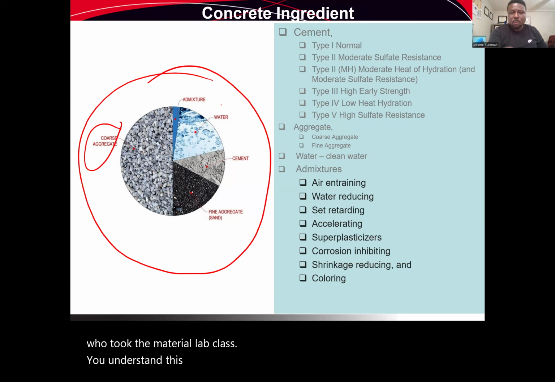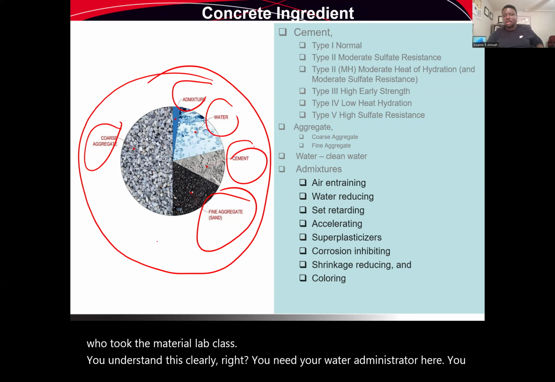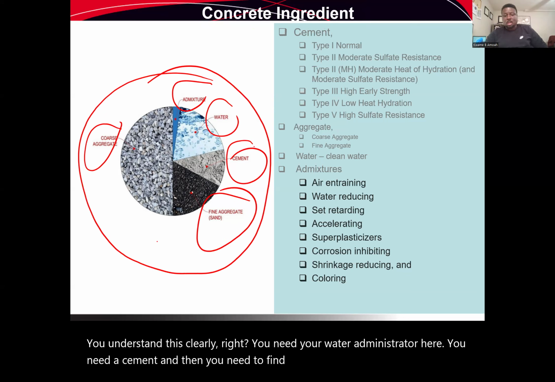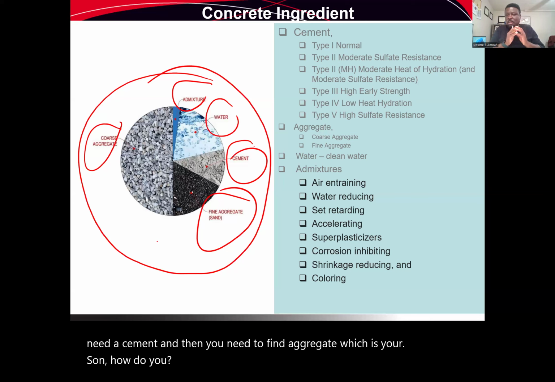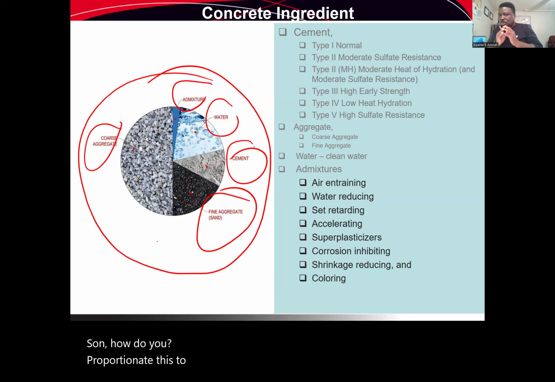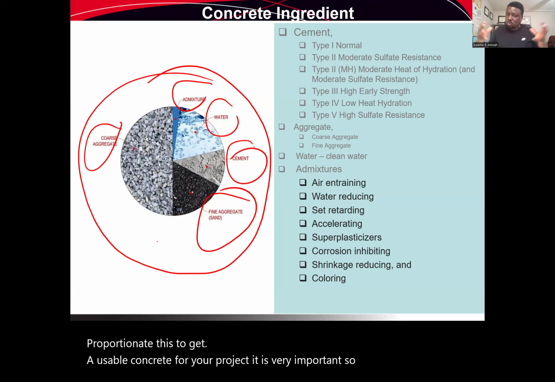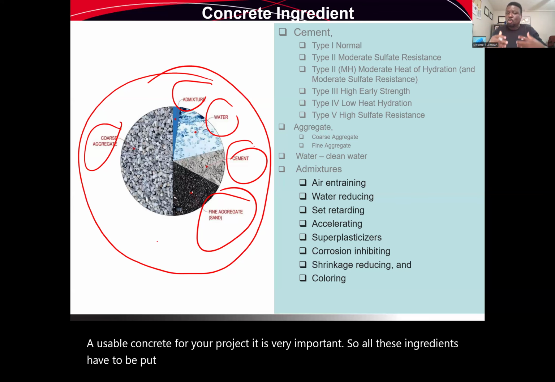You need your water, admixture, you need the cement, and then you need a fine aggregate, which is your sand. How do you proportion this to get a usable concrete for your project? It is very important. So all these ingredients have to be put together so that you will have a workable concrete to support your project, right?